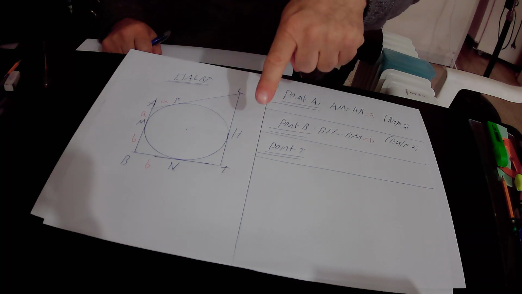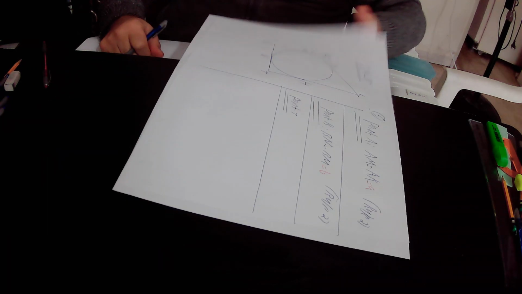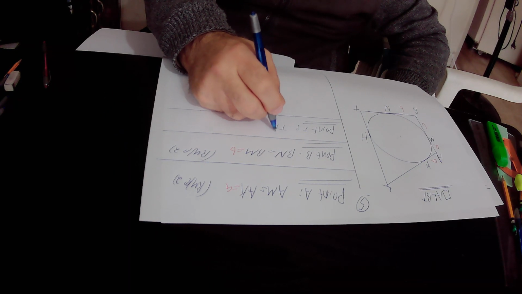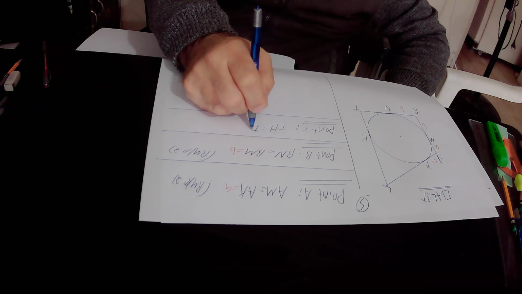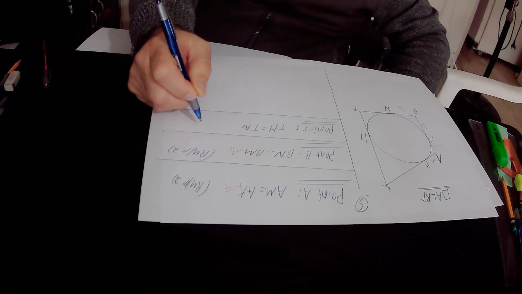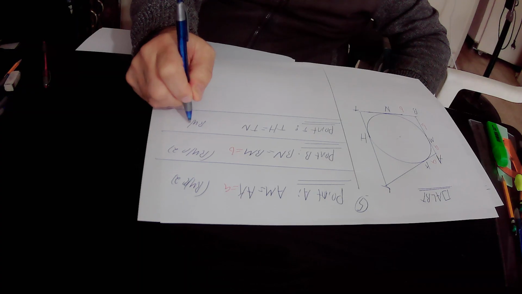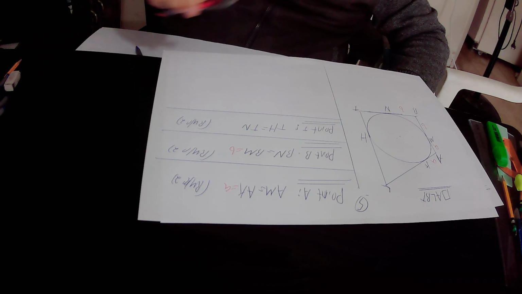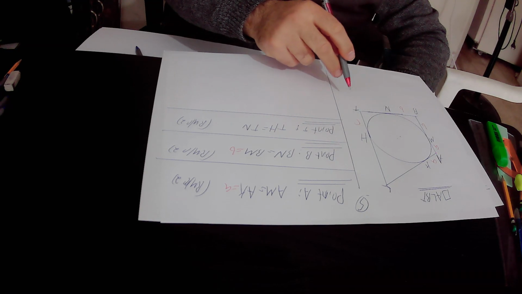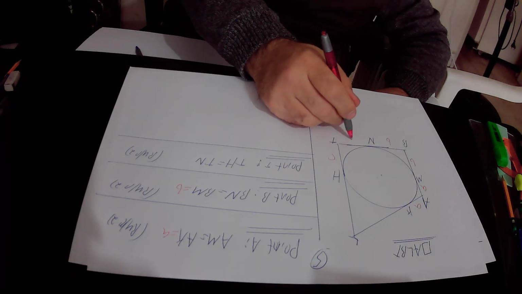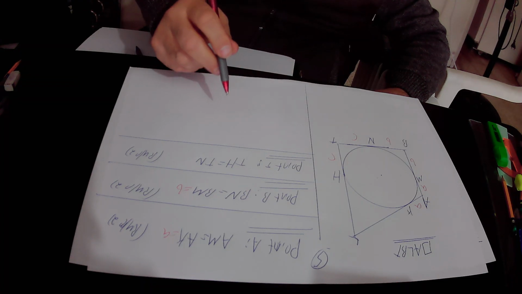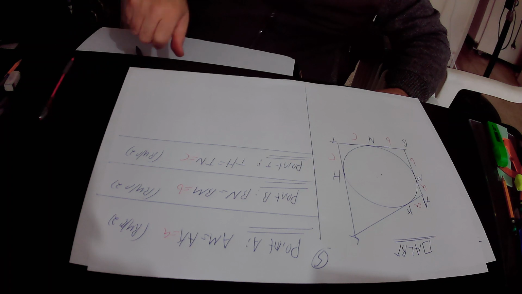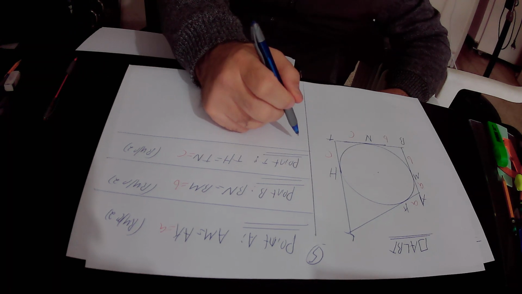That is to say, TH equals TN according to the same rule, rule 2. So if we define the length of tangent TH as C, then the length of tangent TN must also be equal to C because they are equal to each other. So in conclusion, we found out that TH equals TN equals C. And finally, we will focus on the common external point, point L.